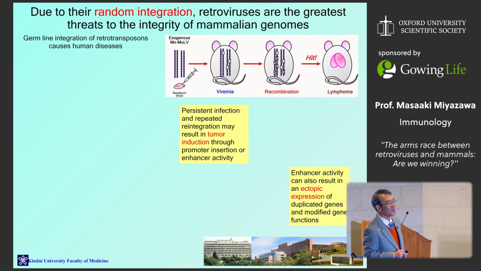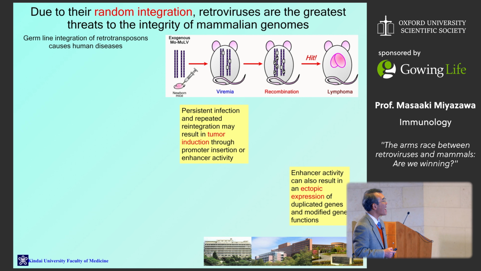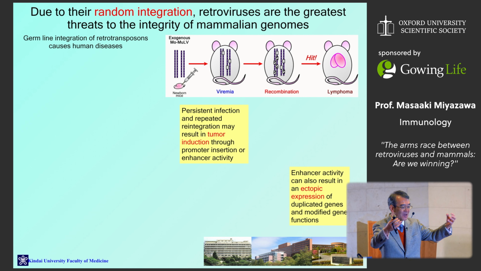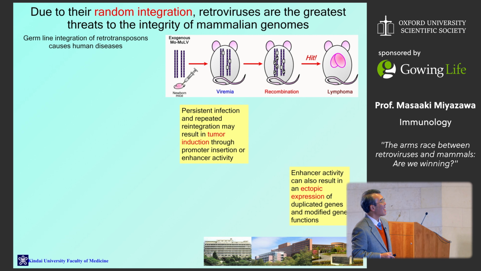Moloney murine leukemia virus is a simple retrovirus that can replicate by the process I described. This virus can replicate inside the infected cell and produce new virus particles, and new virus particles go into different cells.